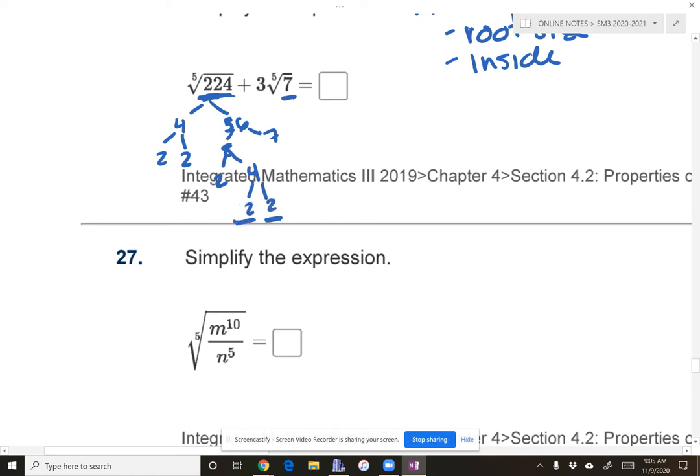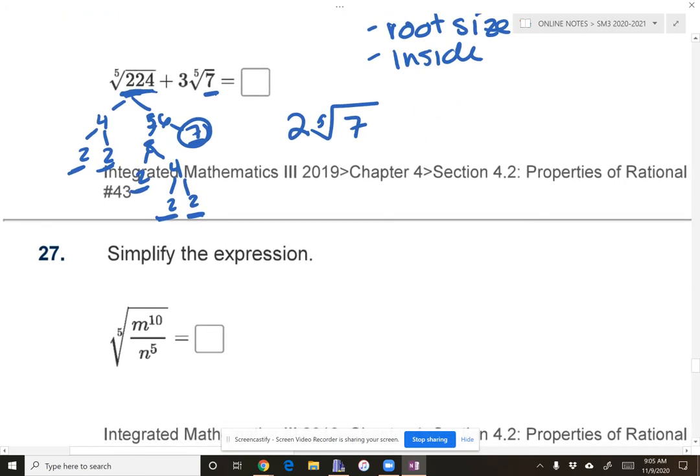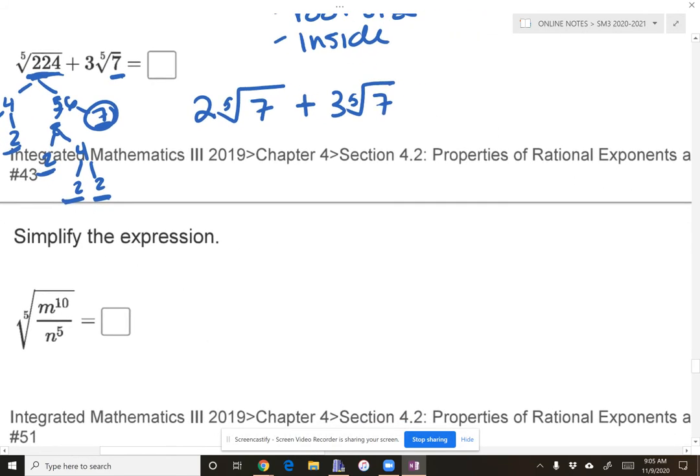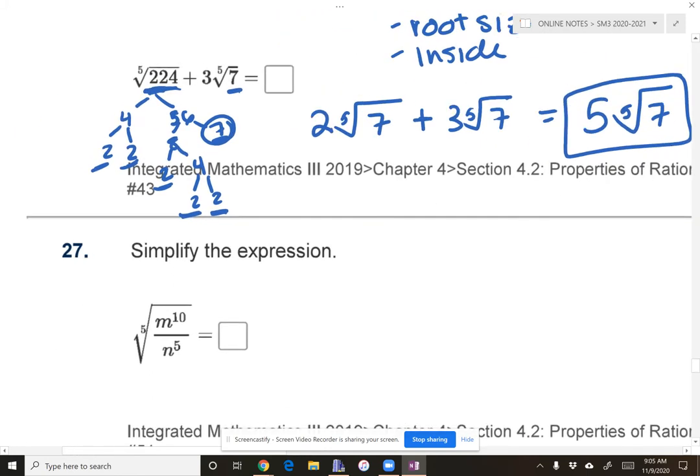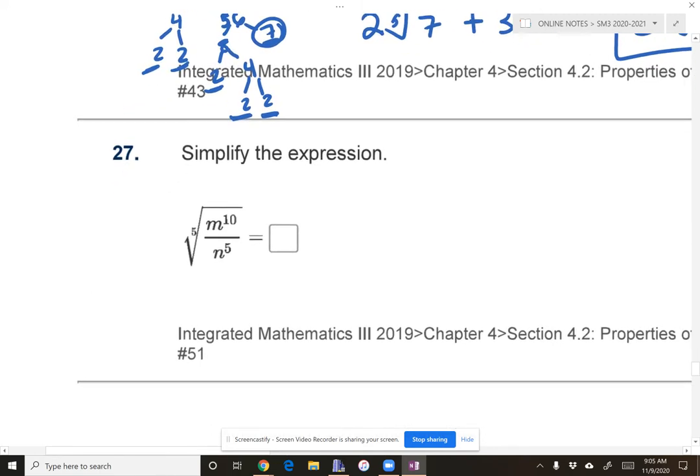Look, 1, 2, 3, 4, 5 2's. So that first one, 5 2's come out as a 2, and then all I have left is this 7 on the inside. So now I have 2 fifth roots of 7 plus 3 fifth roots of 7, and I get 5 fifth roots of 7. Okay, boom, worked awesome.